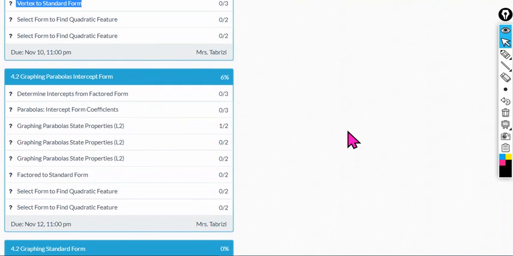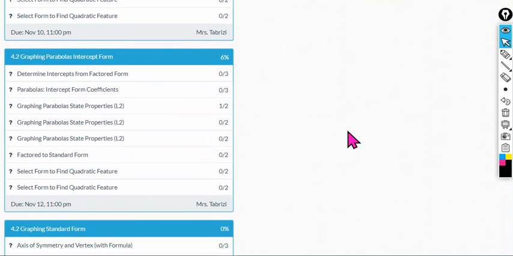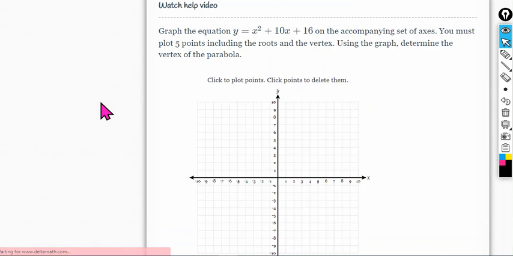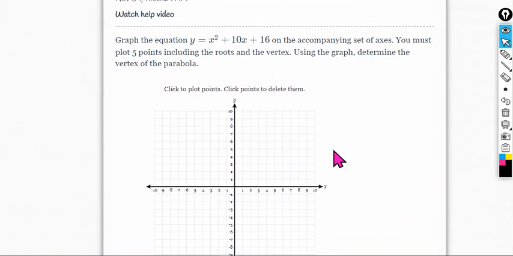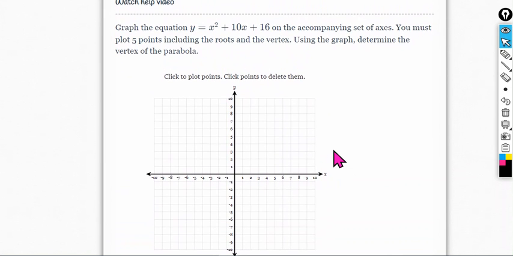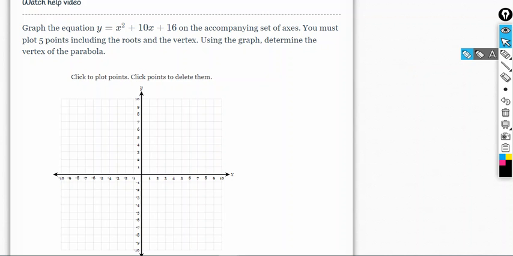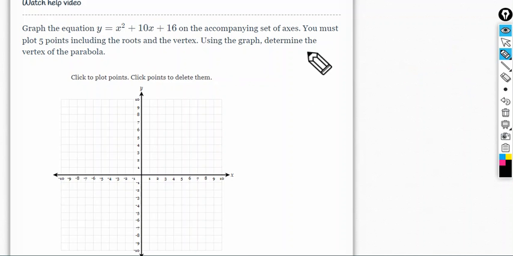Can you do one more example with the factoring and then the plotting? Sure. Here we go. I'll do this one. Okay, so how do I graph? The first thing I'm going to do is factor it because I need the roots, which are the zeros.